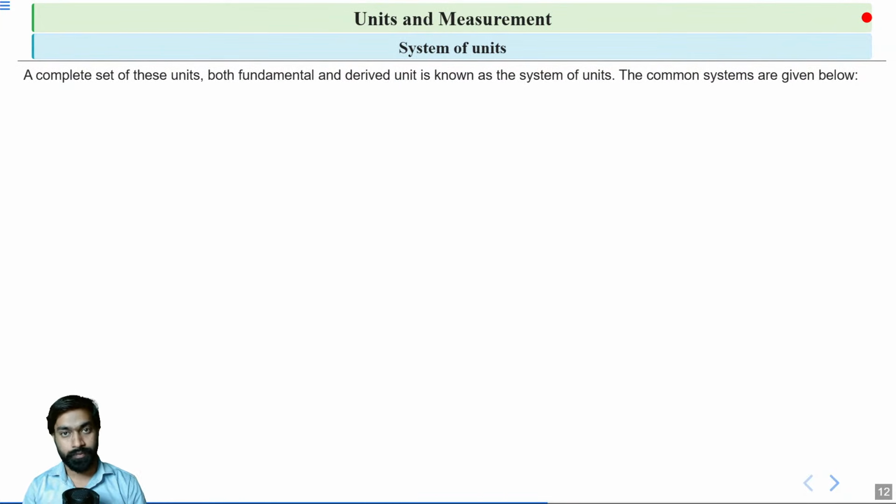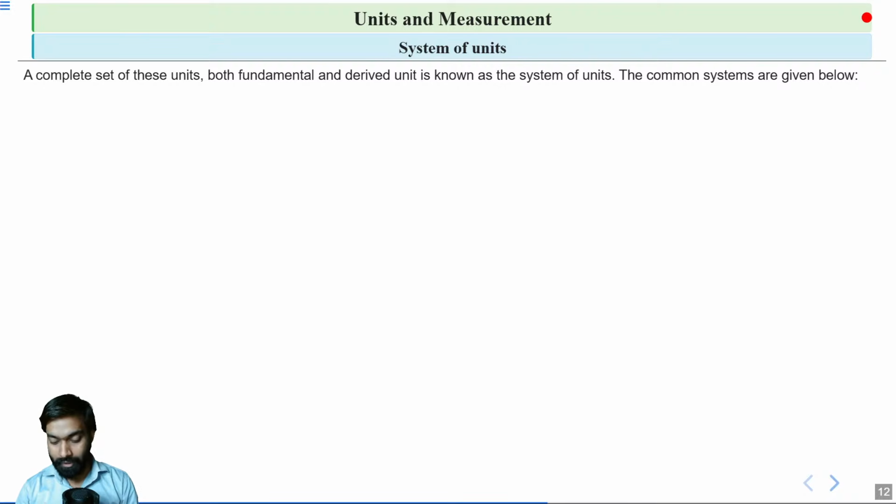System of units. A complete set of units which includes both fundamental and derived units, which are formed from fundamental units, is called a system of units. These systems have been developed to bring consistency and accuracy in measurement.